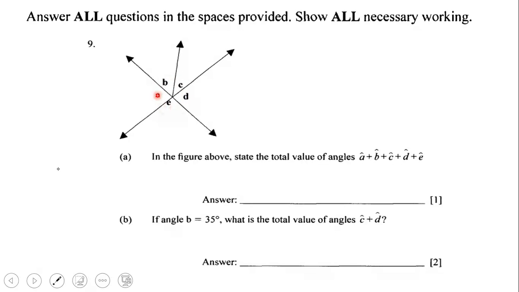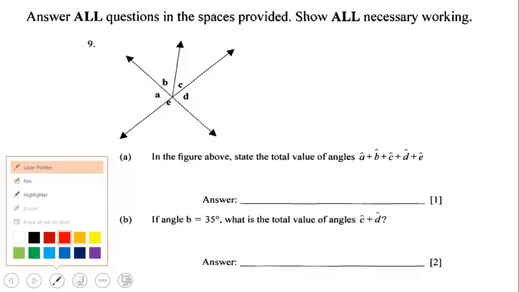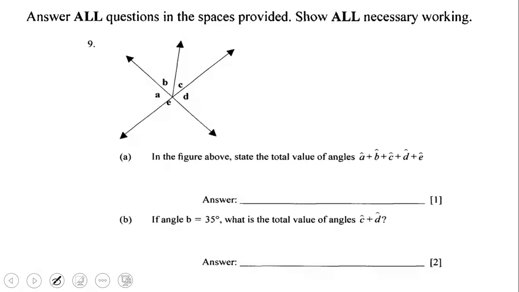Again, angles around a point add up to 360 degrees. Therefore, the answer for A is, guess what? 360 degrees.